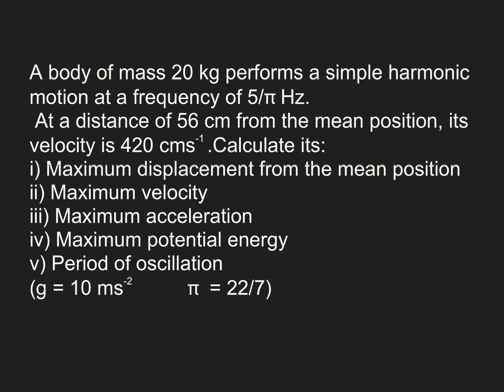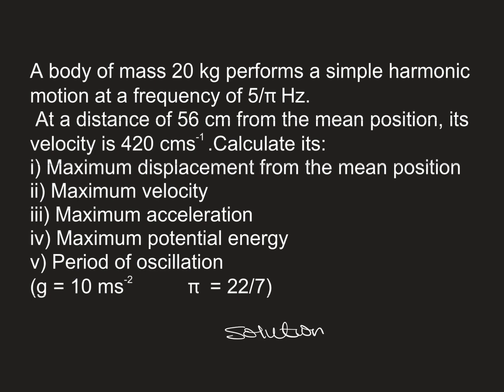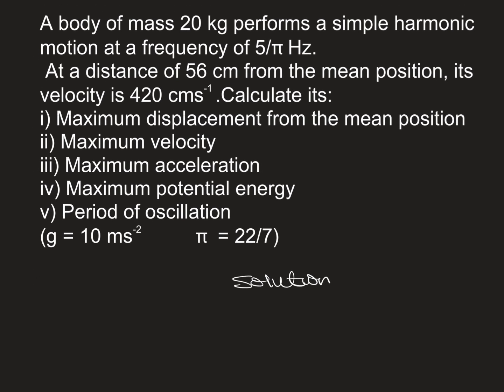So what we understand from this is we have a body that is performing simple harmonic motion, and the mass is 20 kilograms. The frequency is given as 5 over pi hertz.